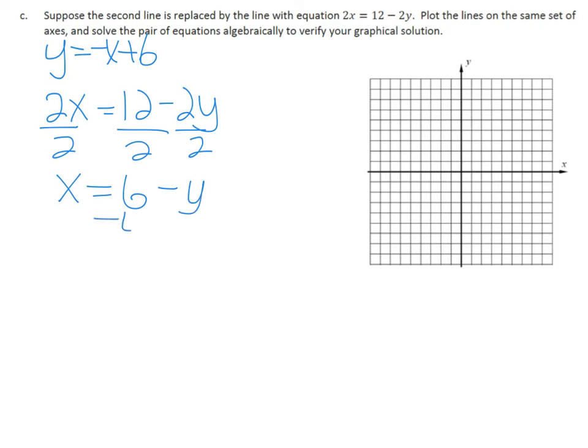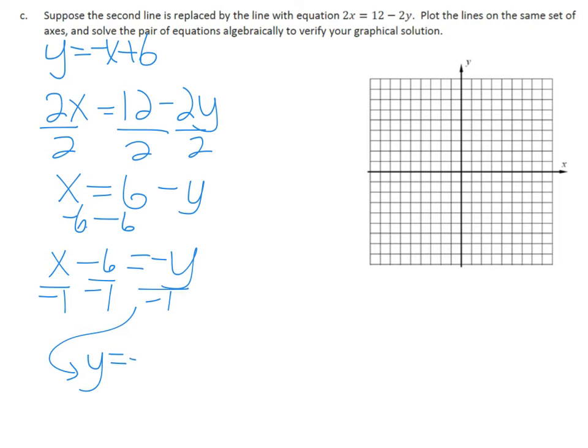Since again I want it in y equals mx plus b, I'll subtract the 6 and I get x minus 6 is equal to negative y. Dividing by negative 1, I'm just going to rewrite this as y is equal to negative x plus 6. So notice right away that our two lines are going to be the same.